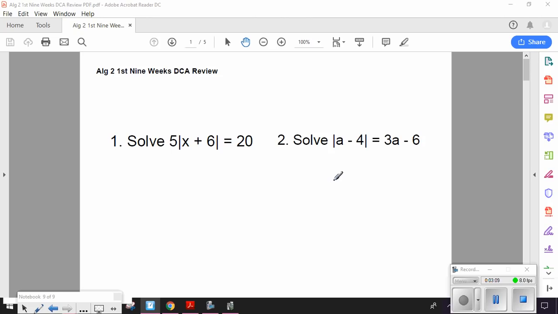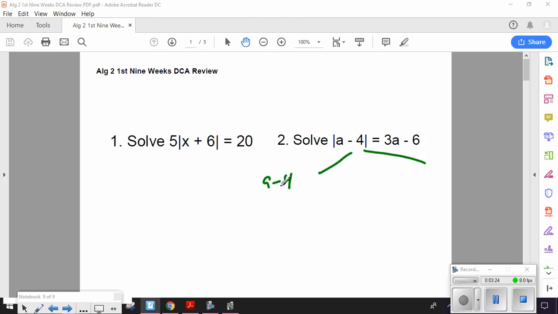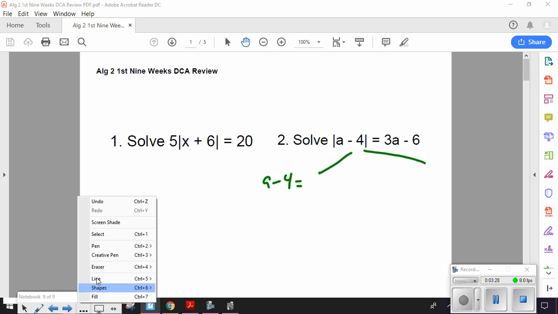On number 2, the absolute value bar is already by itself. So I can write my two equivalent equations. So again, the first one is take the contents out of the box, a minus 4, and it's equal to the opposite result.